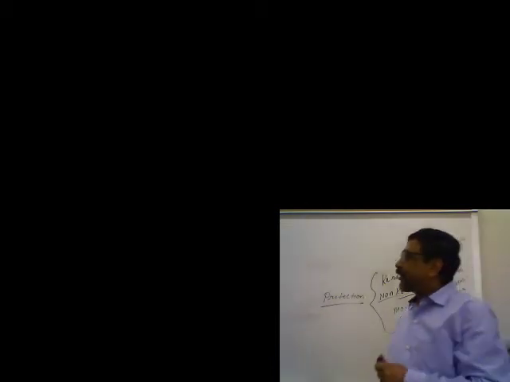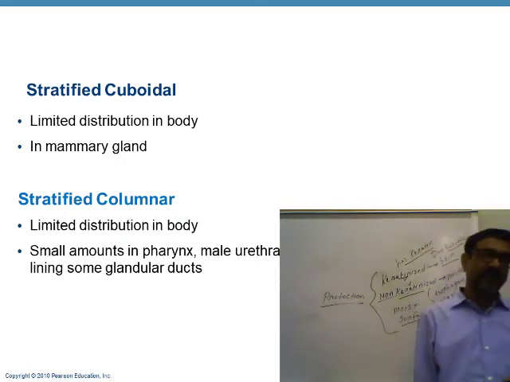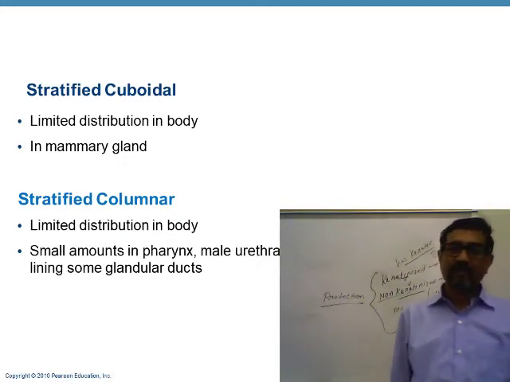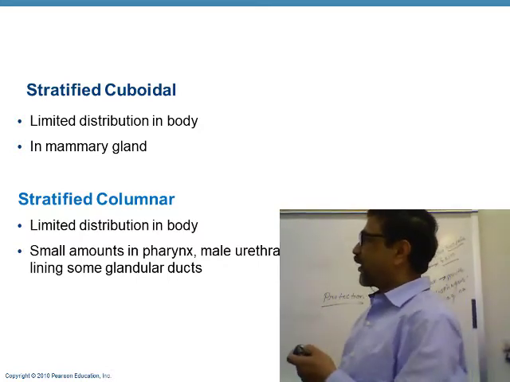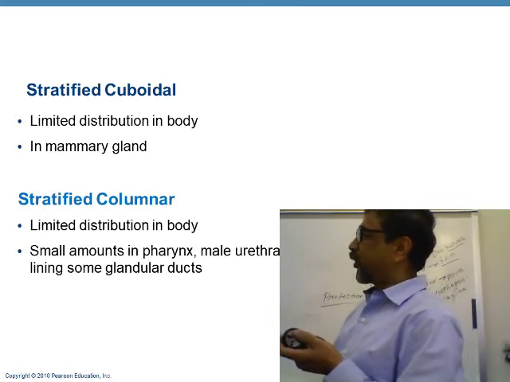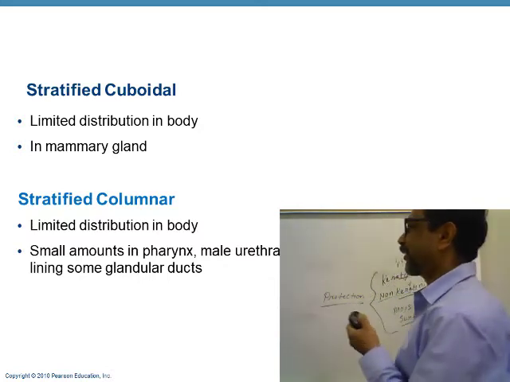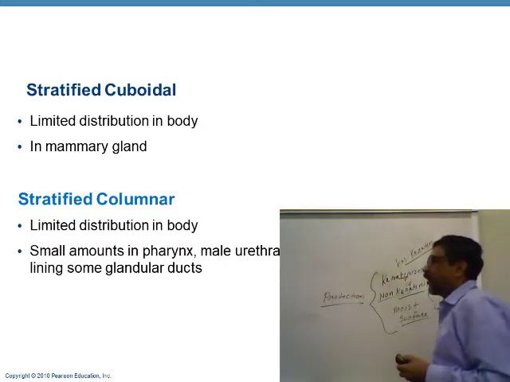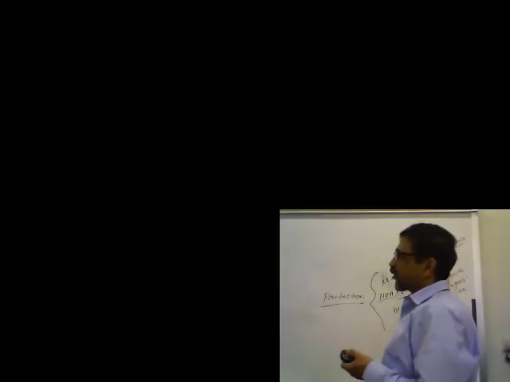Stratified cuboidal and stratified columnar, these are rarely present, in very few structures in your body. Limited distribution in the body. So just remember, stratified cuboidal in the mammary gland, that means female breast, and stratified columnar in small amounts in the pharynx and male urethra.